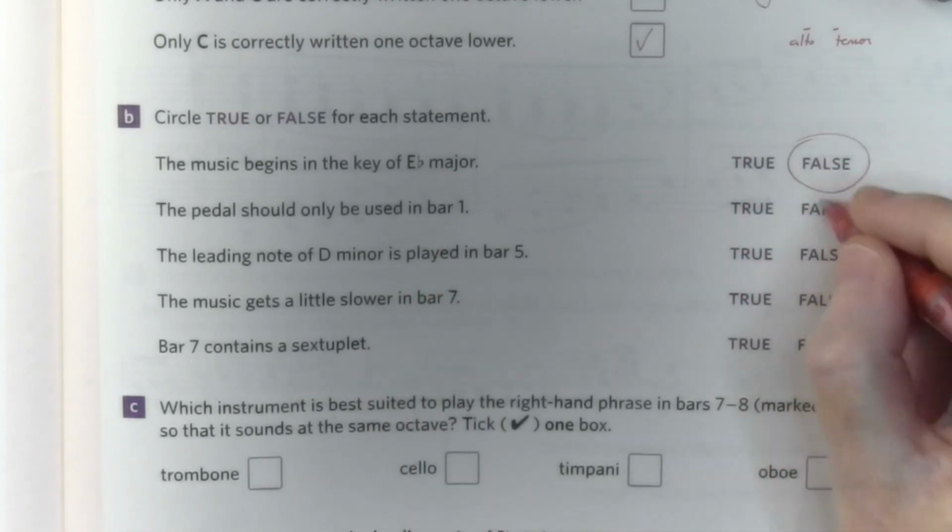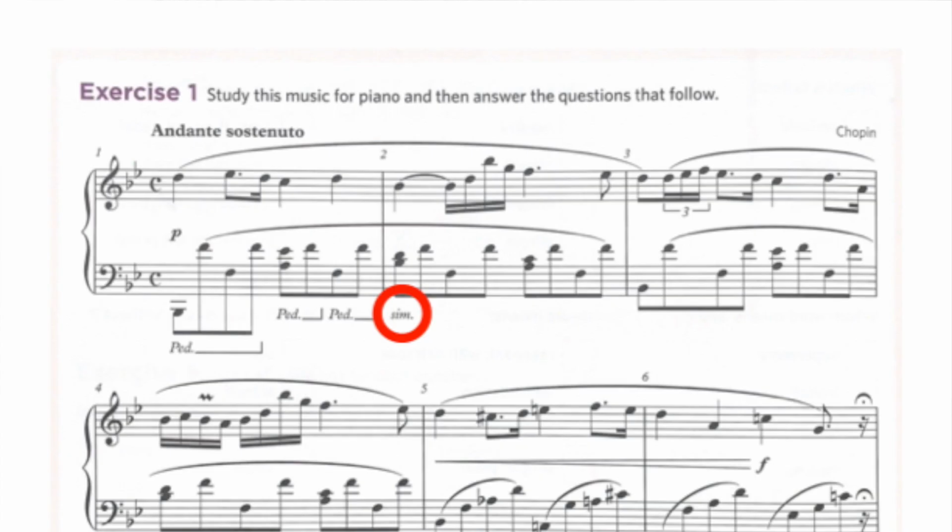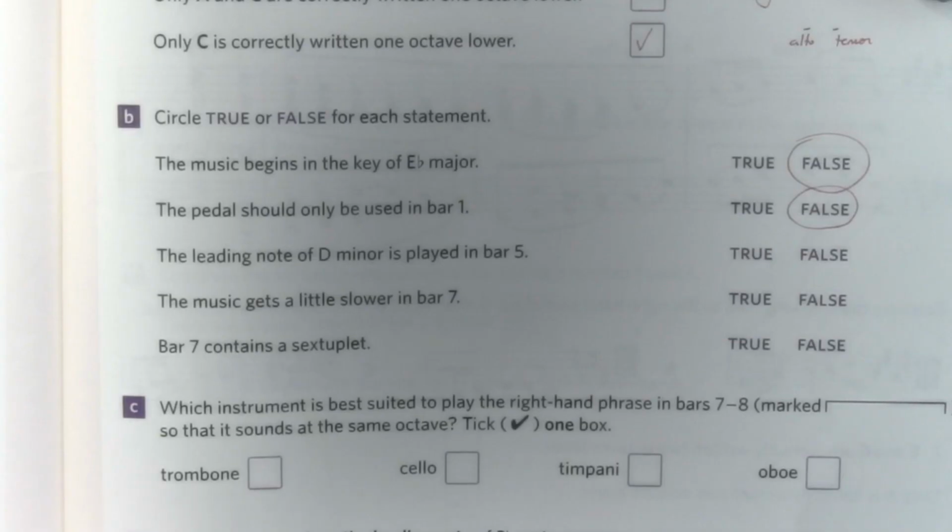Well, this is also false, because in bar 2, actually underneath bar 2, we find this little dotted word, sim. Sim means simile, and simile means please continue doing what you've done before. So keep the pattern going.